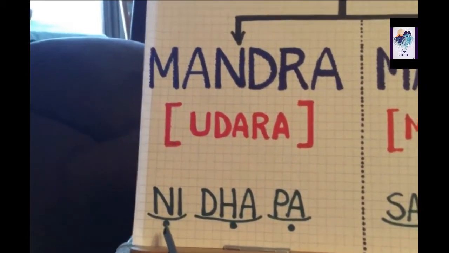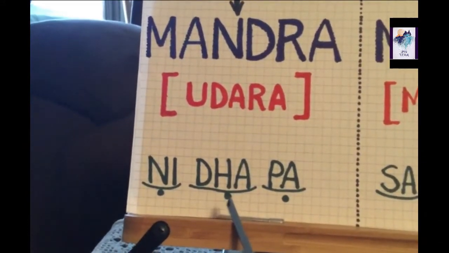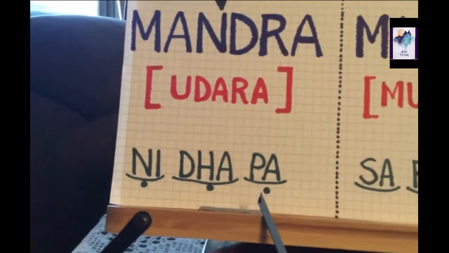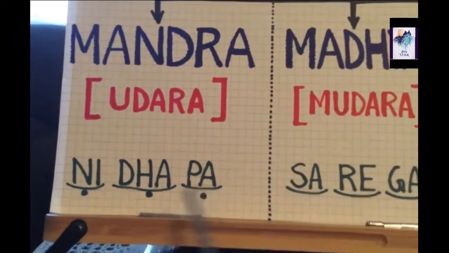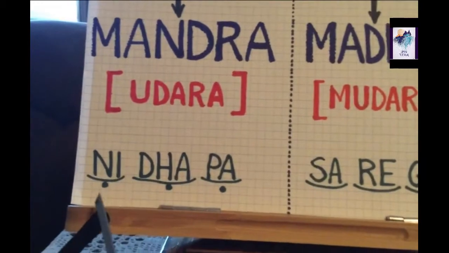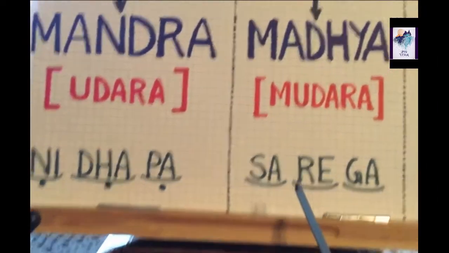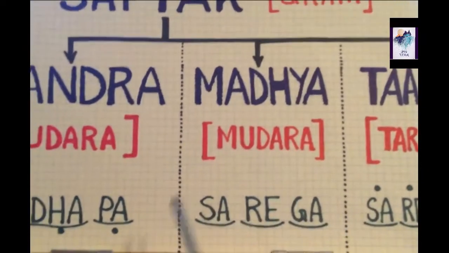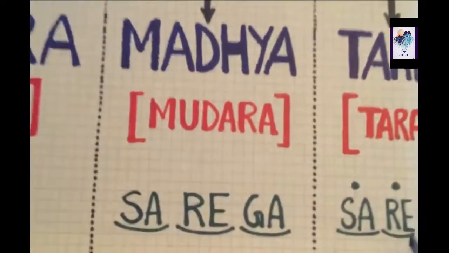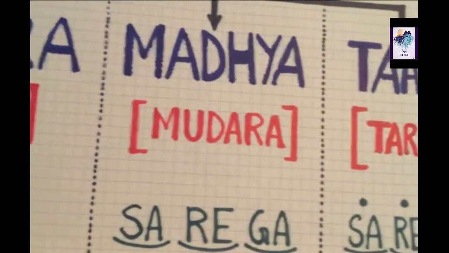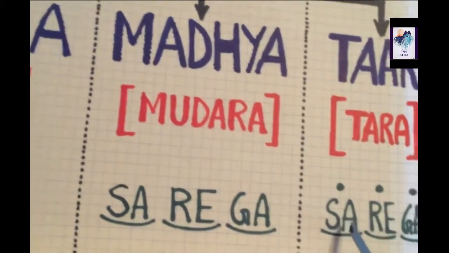Have you seen? Under the ni there is a dot. Dha, there is a dot. Pa, there is a dot, which is not here. So, Mandra Saptak has a sign, a dot under the note. Madhya Saptak has no sign, no dot under the note, no dot above the note. And TAAR Saptak means Tara, means higher pitch, high octave, upper octave.